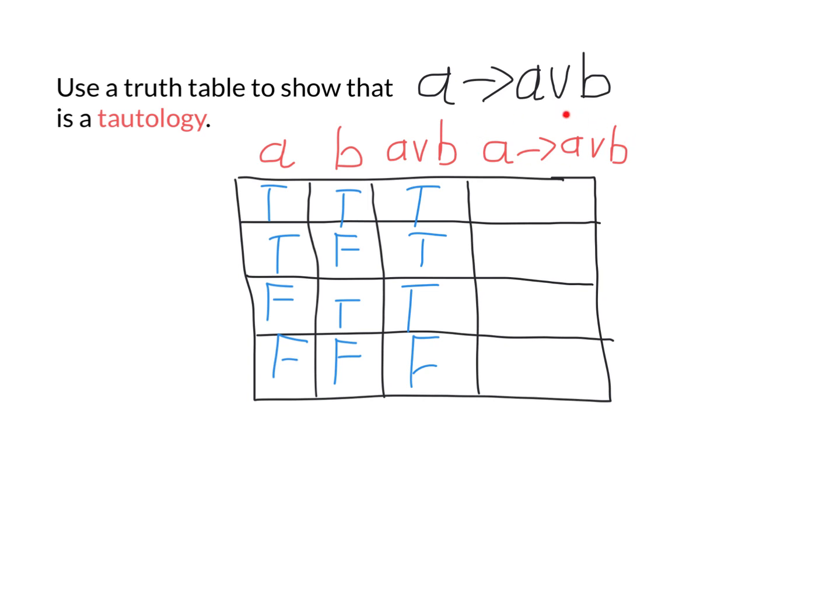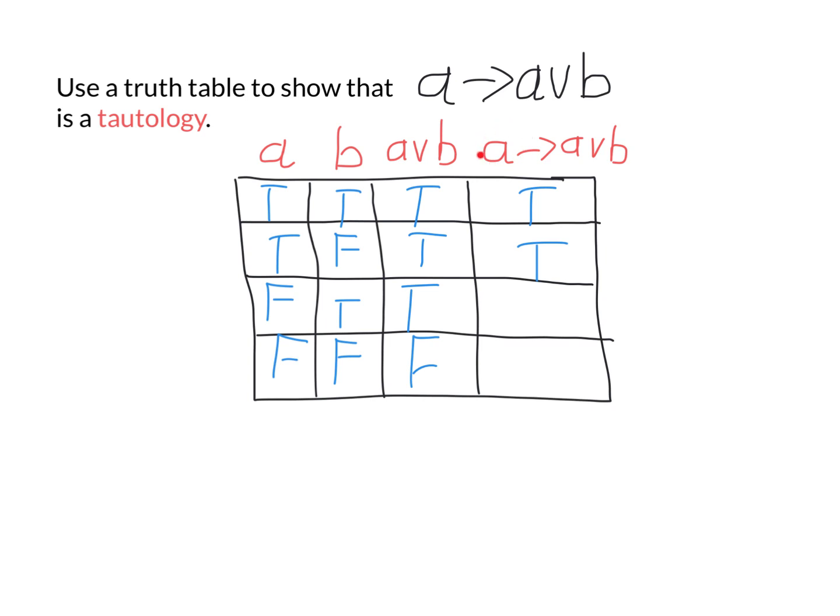So now let's do a truth table for A implies A or B. When you have an implication, it requires that if this is true, then this one here must also be true. The only time an implication can be false is if the first thing is true but the second thing is false. So if A is true and the second one is true, then our final statement is true.